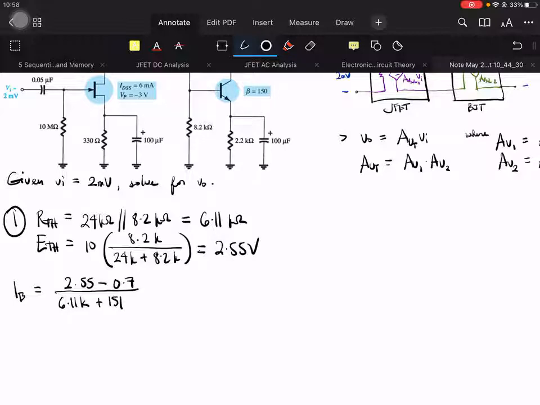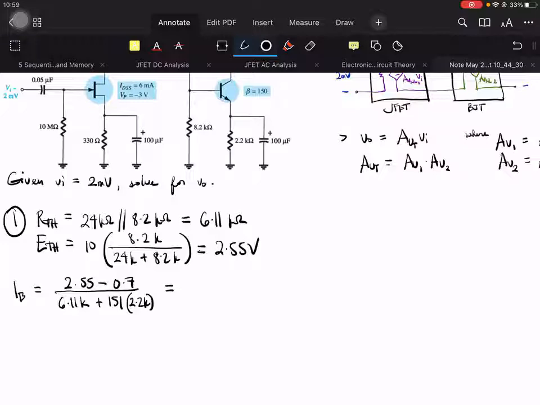Beta plus 1 times RE. RE is 2.2K. So IB is 5.46 micro.